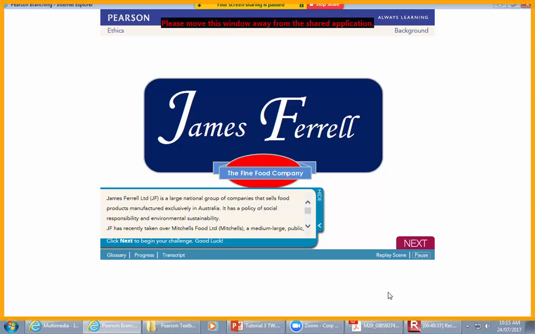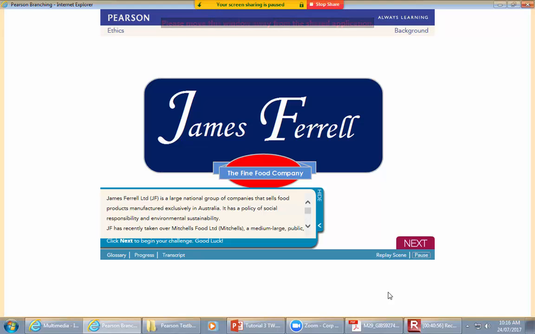James Farrell Limited, JF, is a large national group of companies that sells food products manufactured exclusively in Australia. It has a policy of social responsibility and environmental sustainability. JF has recently taken over Mitchell's Food Limited, Mitchell's, a medium-large public limited liability company.